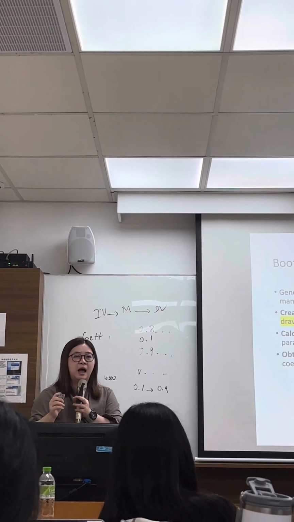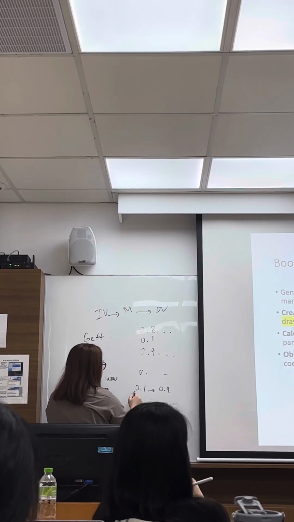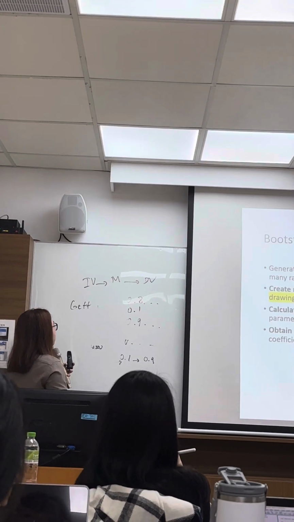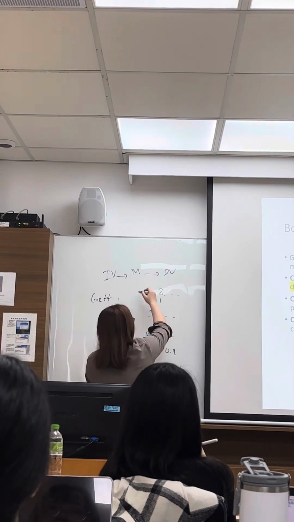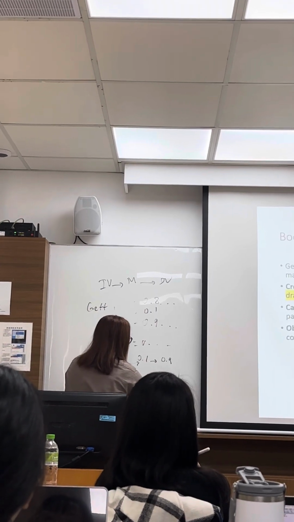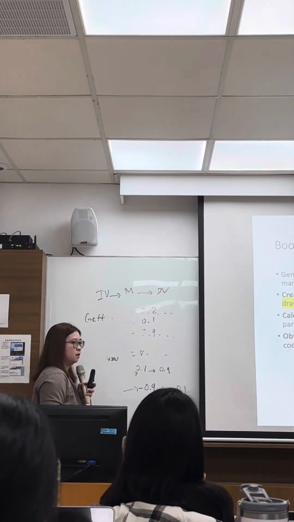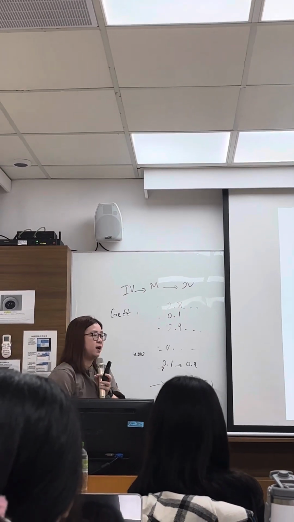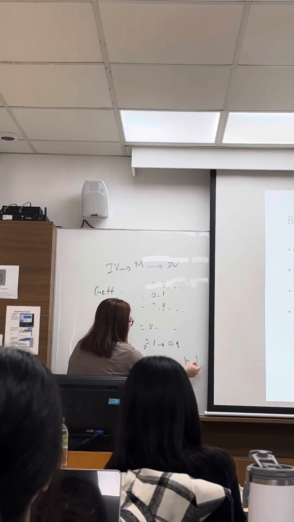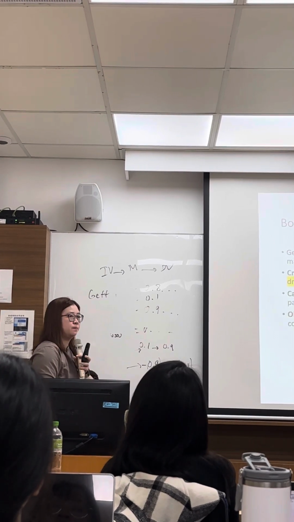So that means IV actually has some strength on DV, and the strength is positive. Similarly, on the other side, if everything is negative, then the strength will be negative 0.1 to negative 0.9. In this way, the effect is negative, but it still has some strength. The smallest one is 0.1, the highest one is 0.9.